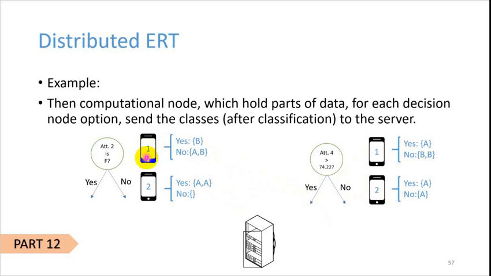These computational nodes will share this information with the server. So the server concatenates these vectors for each decision node. For instance, for this decision node, it will have BAA for the yes vector and AB for the no vector. And for this option, it will have AA for the yes vector and BBA for the no vector.